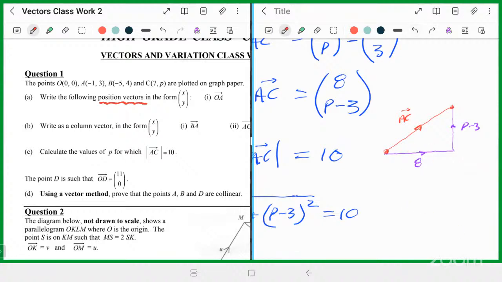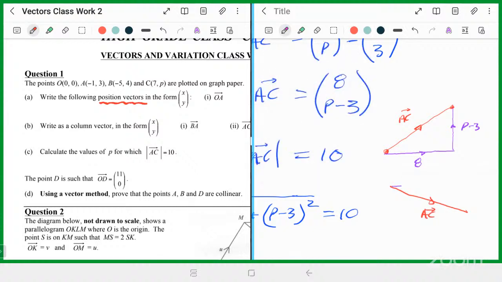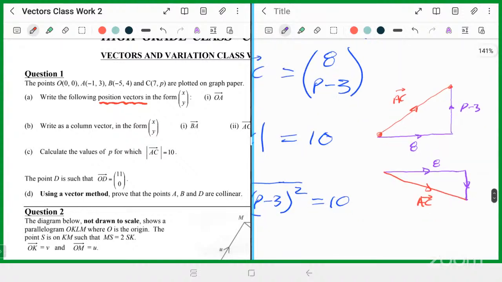So if the vector AC was slanting down like this, then this would be the 8 going this way, and then this would be your P minus 3 coming down. And don't mind that the dimensions are not to scale. I just made it a sketch to explain a little bit. This will be P minus 3.